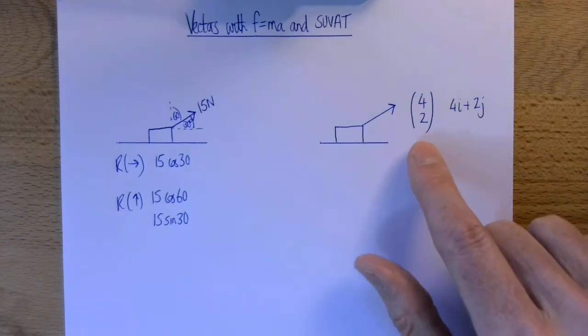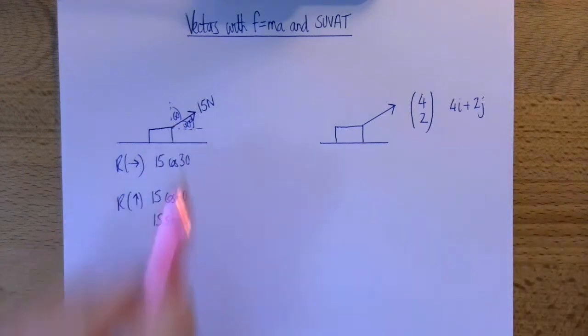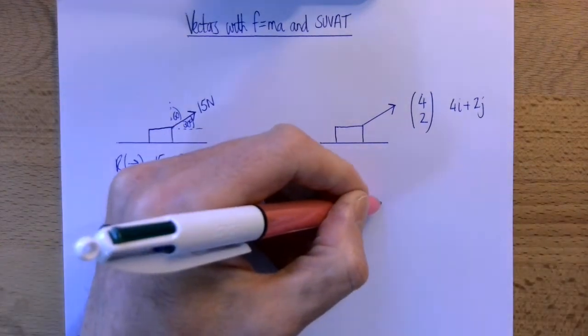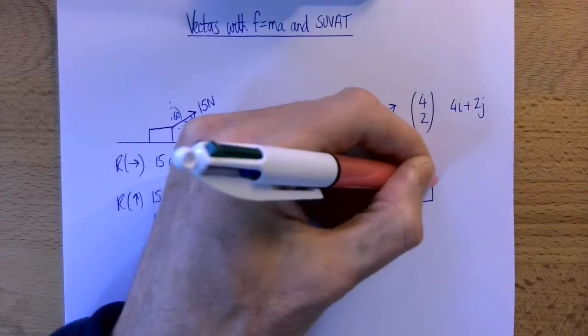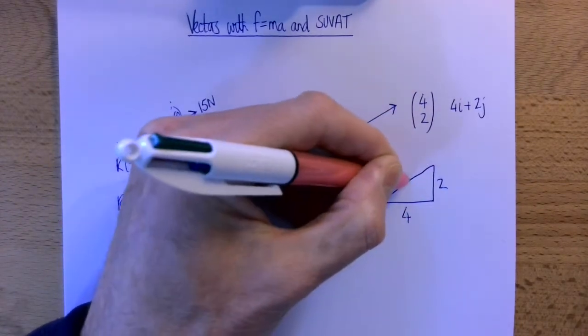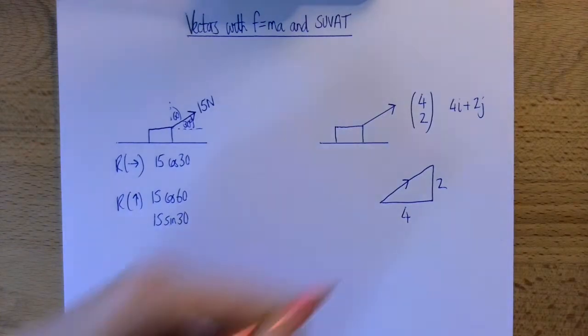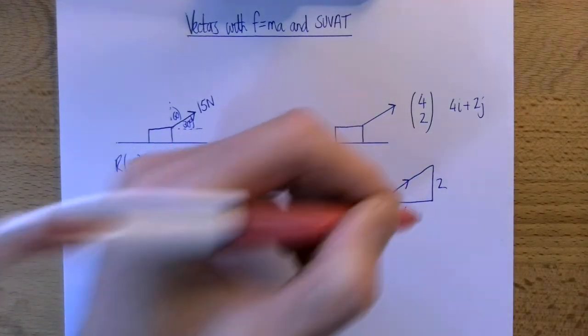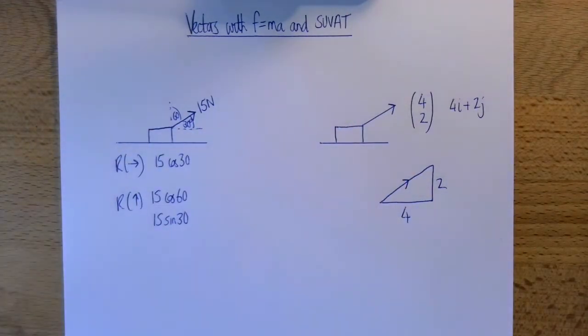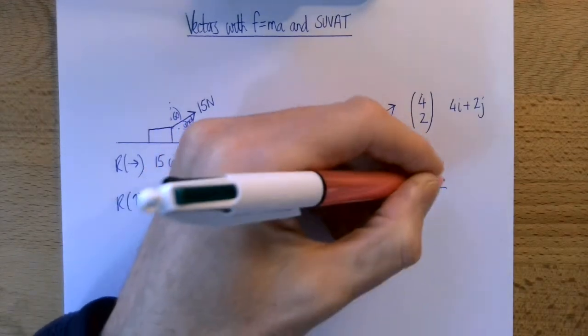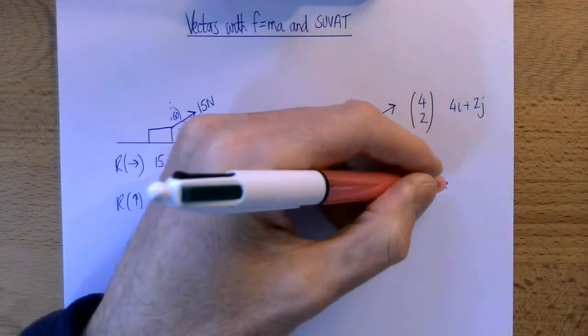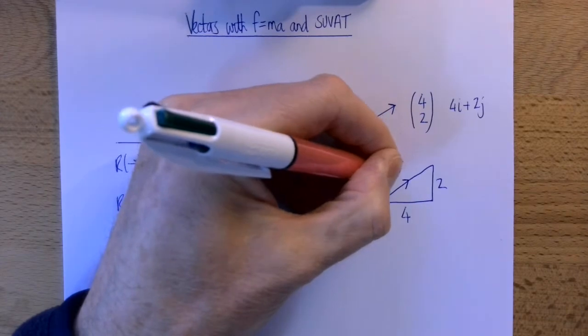And so what we can do in these cases is we can work out the magnitude and angle. So this force looks like that. So I can use Pythagoras to work out the magnitude. So that's 4 squared is 16 plus 2 squared, so that's root 20.